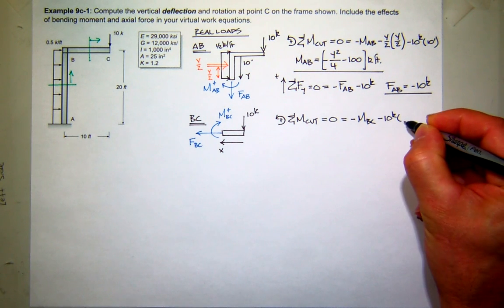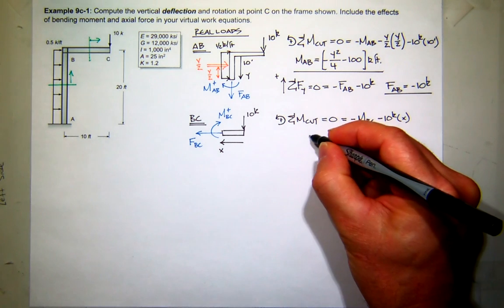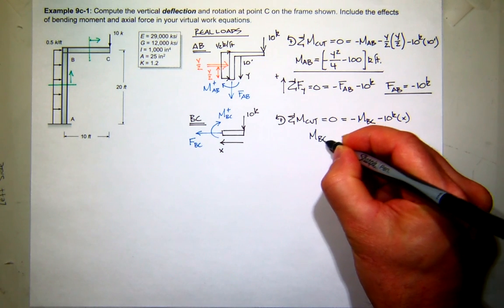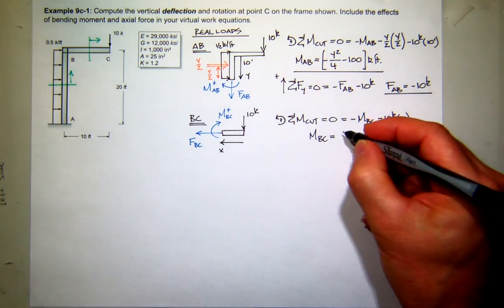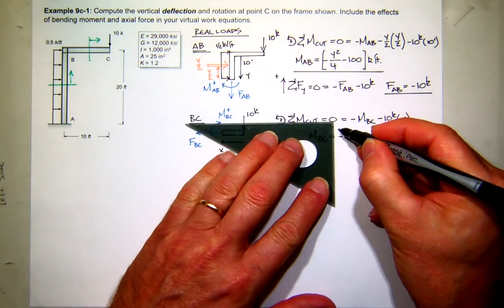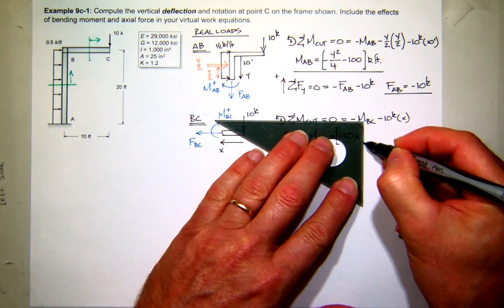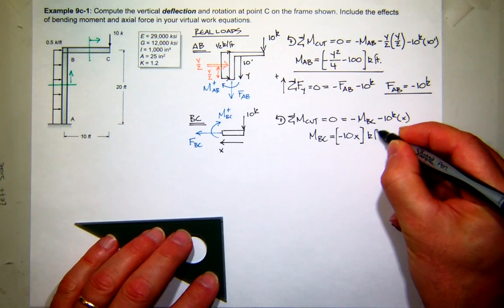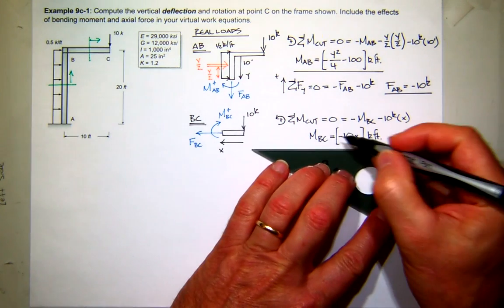It has a moment arm of X. So it looks like my moment in BC is negative 10x, and that would also have the units of kip feet.